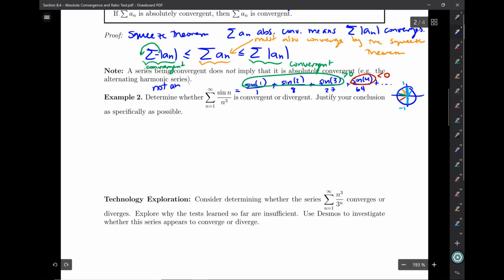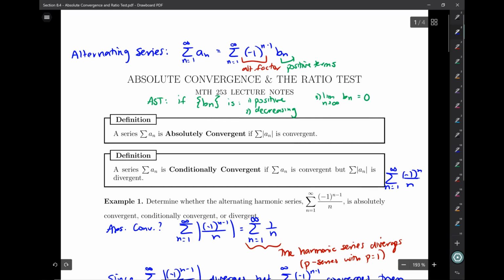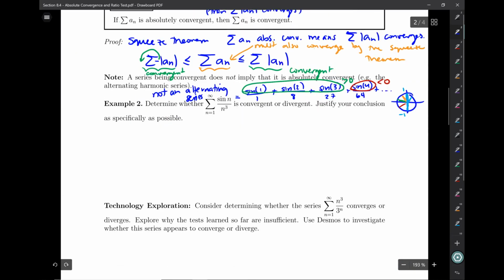It might feel that way a little bit, because the terms are sometimes positive and sometimes negative, but in order for it to be an alternating series, it needs to alternate exactly. If the previous term was positive, then the next term is negative: positive, negative, positive, negative. So this one is not exactly an alternating series. It is also not a positive series.